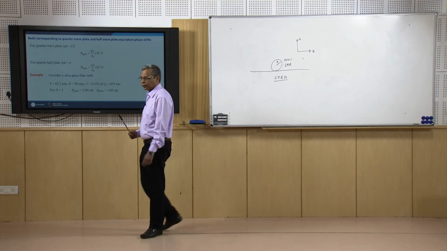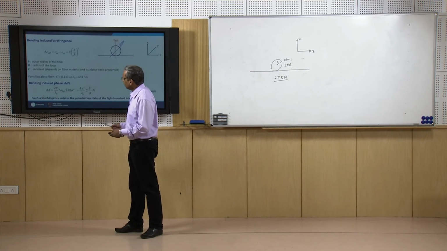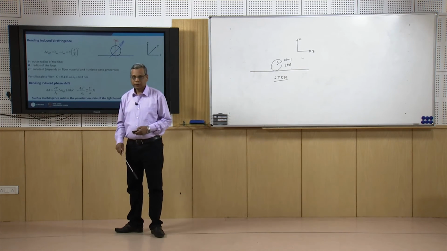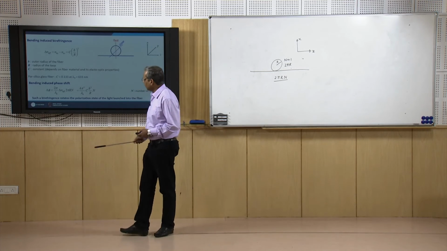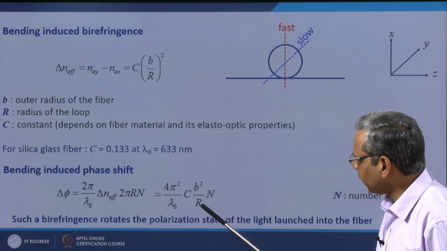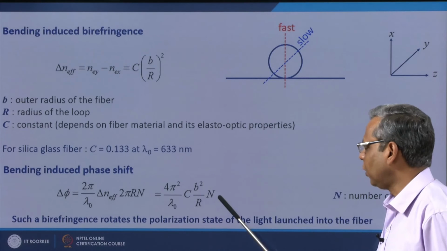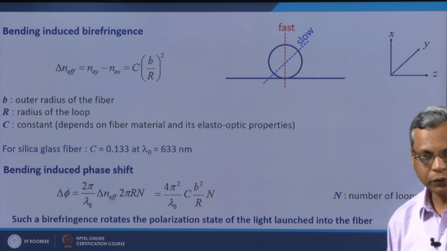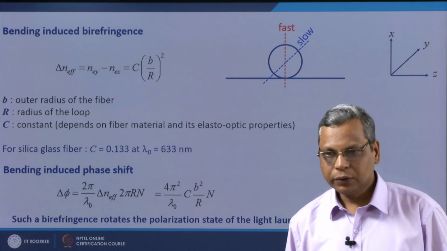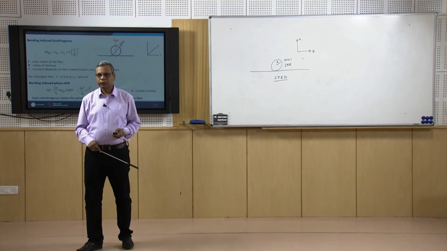Now, since delta phi is equal to this, I can have a particular radius or number of loops to introduce a particular value of phase shift.